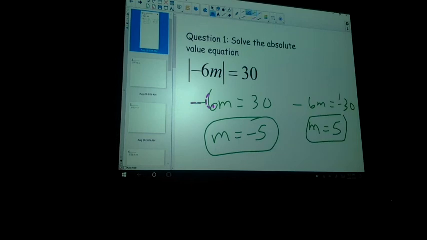Show your neighbor. Neighbor, you tell me if they have it right. I have the red arrows drawn where I have a positive component and a negative component. Does everyone feel comfortable with what they have? Anyone goofy on that?